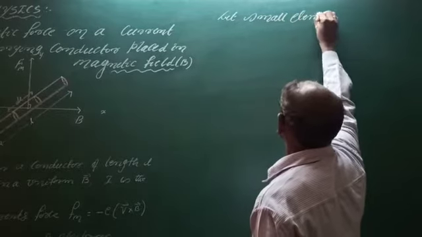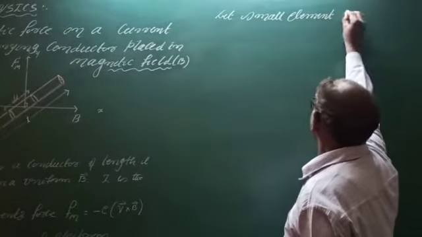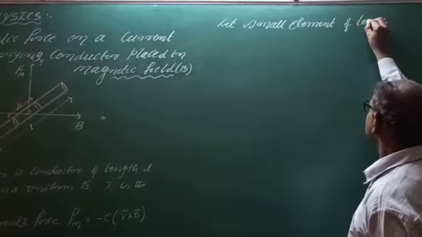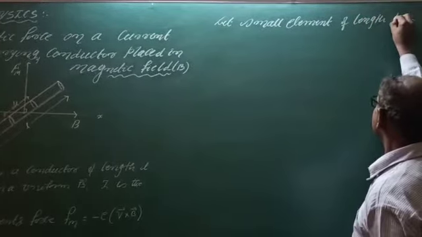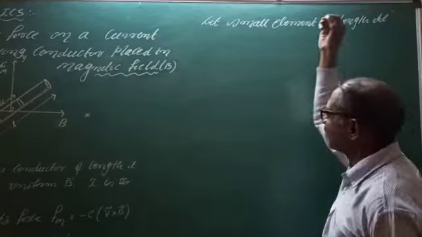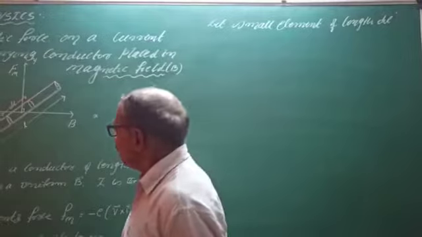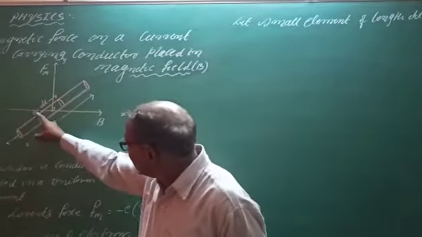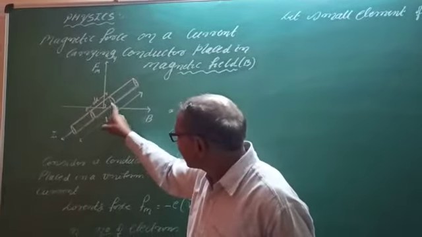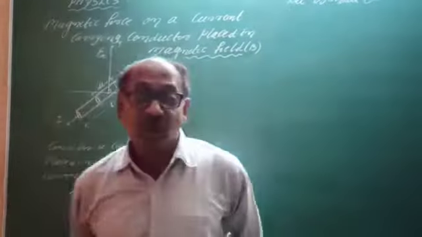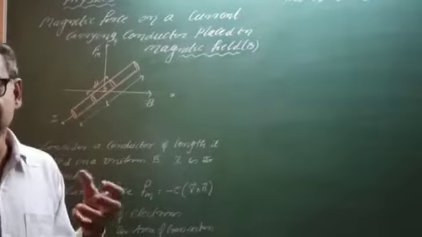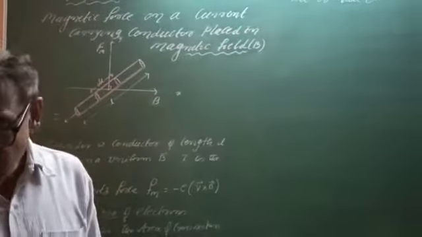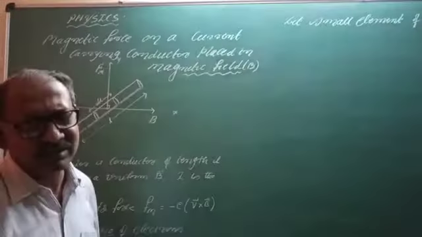In this particular length, how many electrons are present? How do we calculate that?